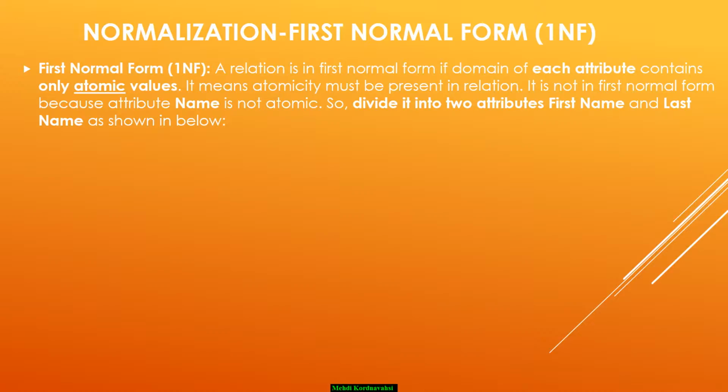It means atomicity must be present in the relation. It is not in first normal form because the attribute name is not atomic. So divide it into 2 attributes, first name and last name, as shown below.